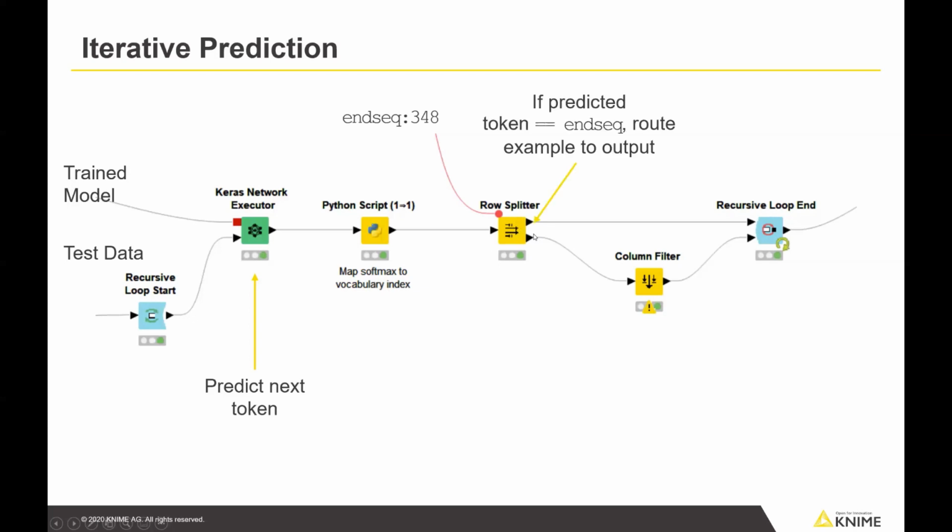Then here in this row splitter, we check, are we already done? So did we already predict the end token? If yes, we route it to this top output. If not, we route it to the bottom output. And in the recursive loop end, everything in the top output is collected as output of this whole recursive loop, and everything sent to the bottom output are all the rows where we are not done predicting, so we send it back to the start and just predict the next token.